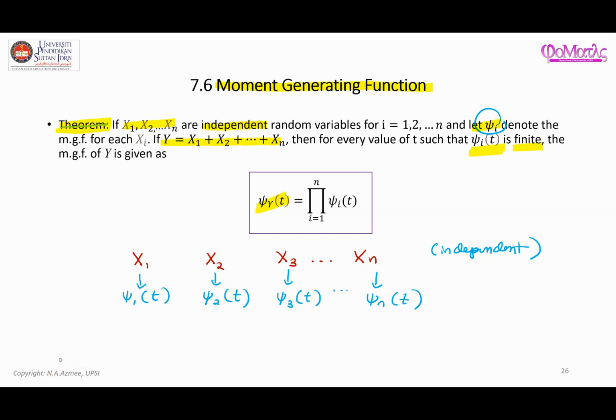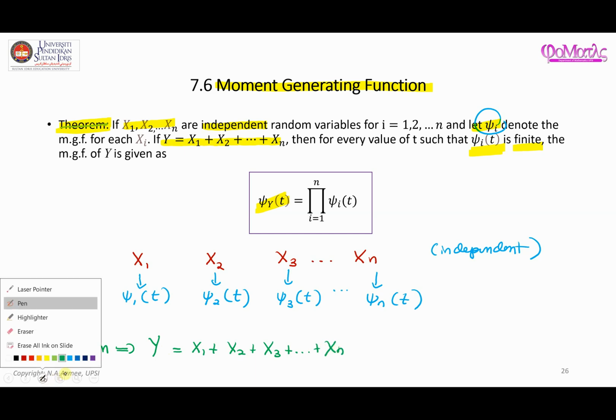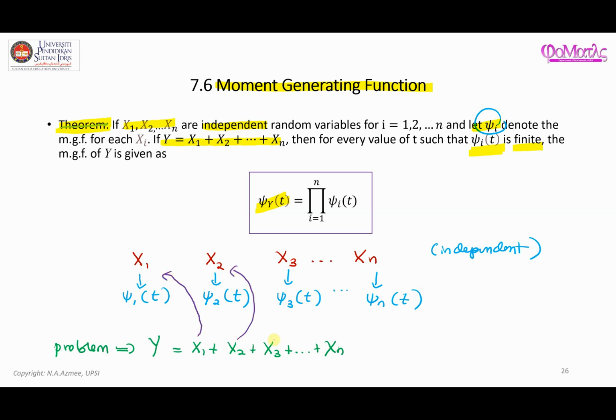So our problem is we have a new random variable which is y. Y is the combination of x1, x2, x3 up to xn, and we would like to find, well, if you see this here, x1 related to this, x2 related to this, related to the previous information that we have, and so we would like to find what is the MGF for y.